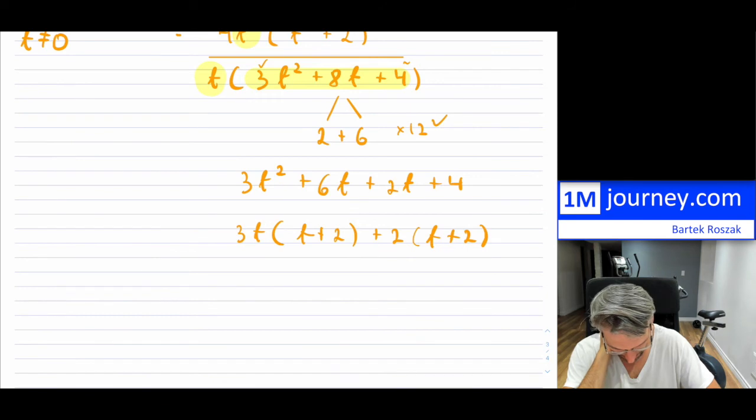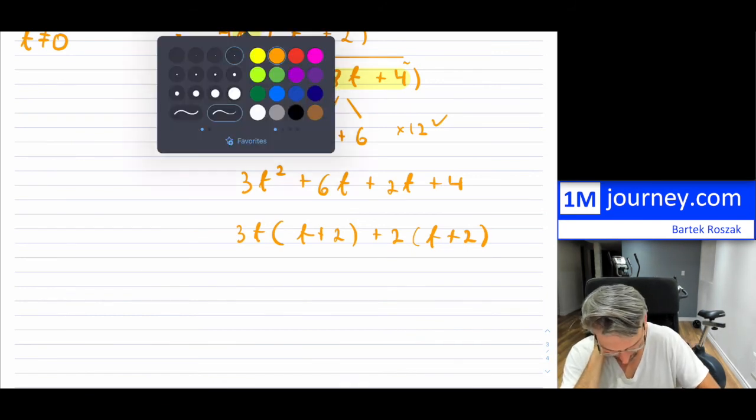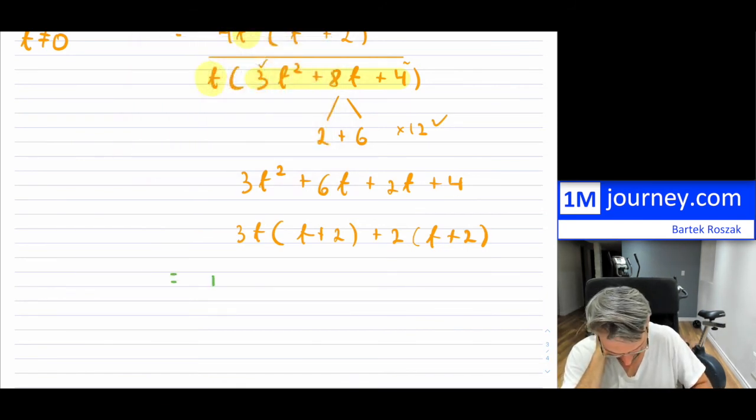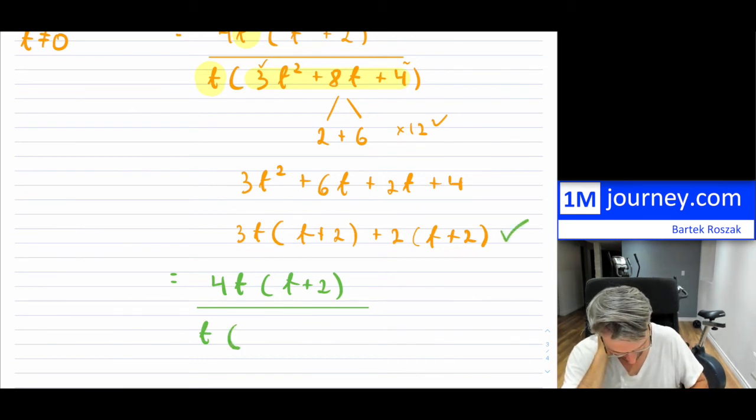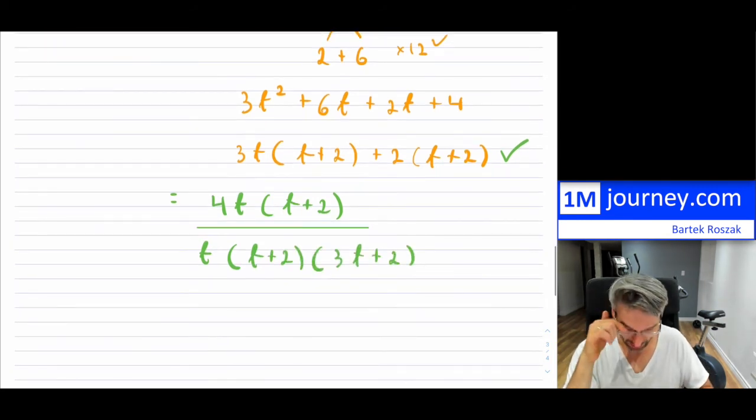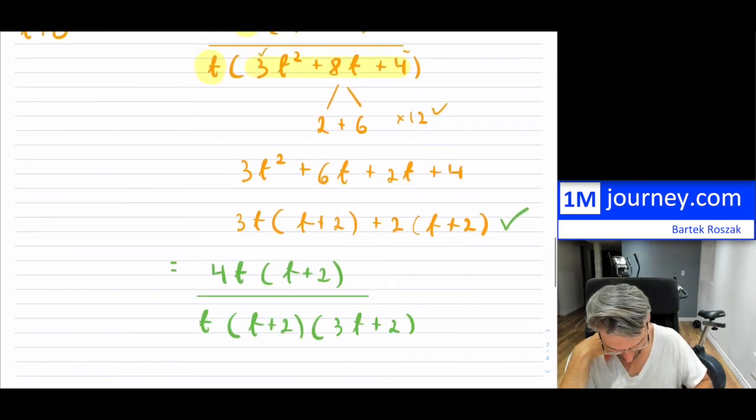So in total, this equals 4t, t plus 2, divided by t. And now this entire thing factored out, so it's going to be t plus 2 and 3t plus 2.